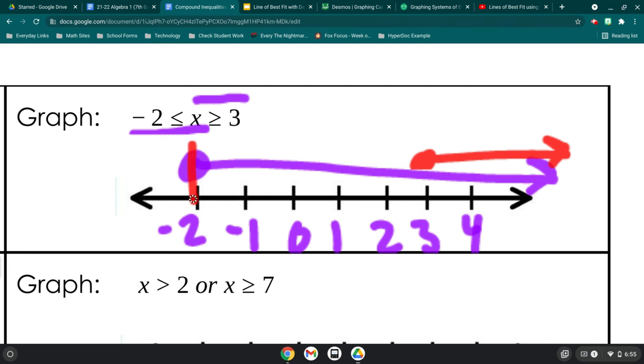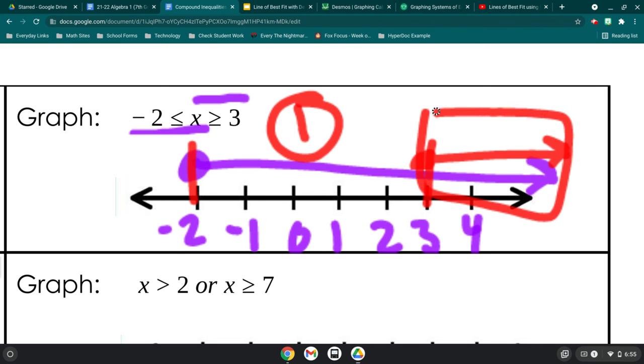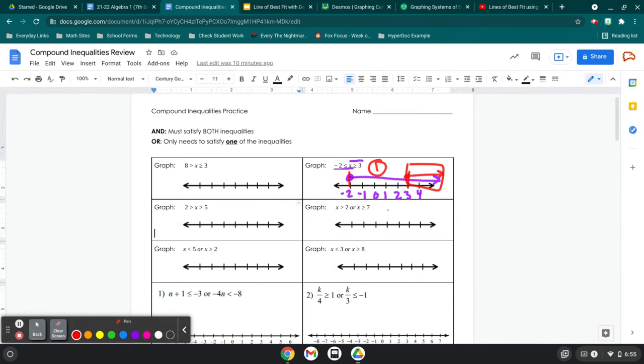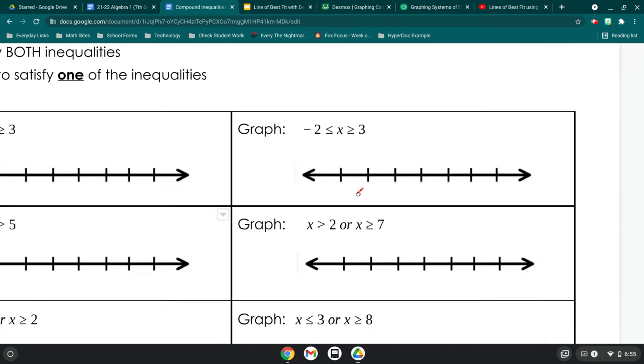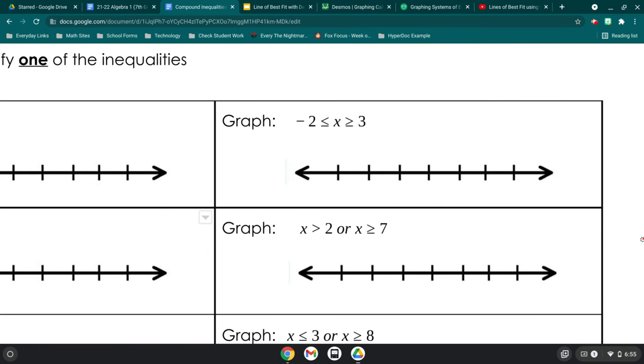This area right here only satisfies one of them. Whereas here, when they start to overlap, now it's satisfying both of them. So for this one, I know the numbers are going to be gone. Sorry about that. I'm just going to put 3 right here.